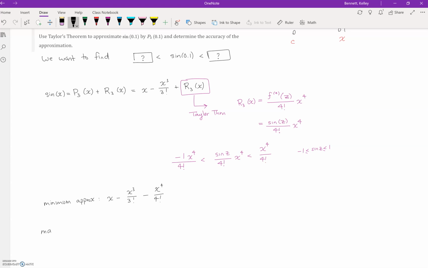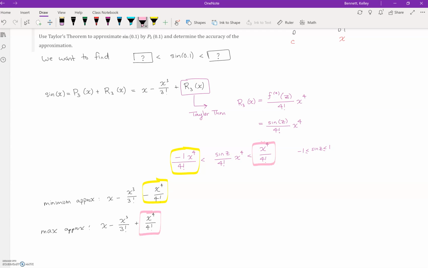And then the maximum approximation is going to be x minus x cubed over 3 factorial plus x to the 4th over 4 factorial. And those two things came from here and here.